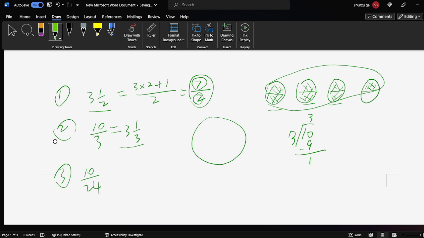For example, here there are 10 balls. Okay, for example, there's a big ball, and there are 10 breads inside.